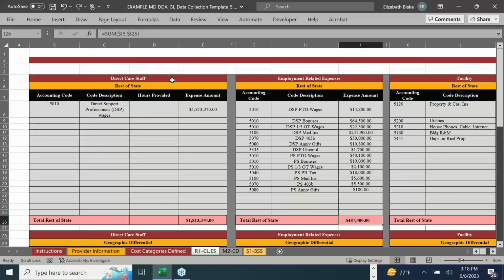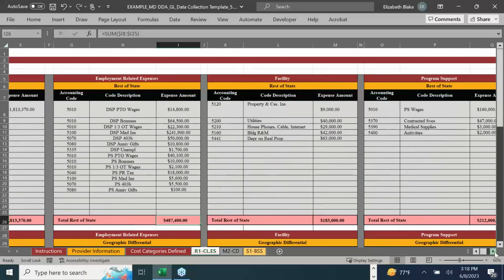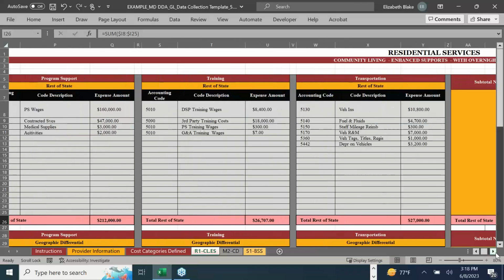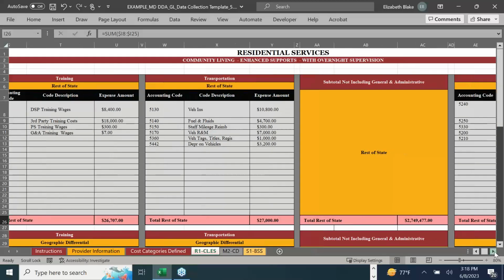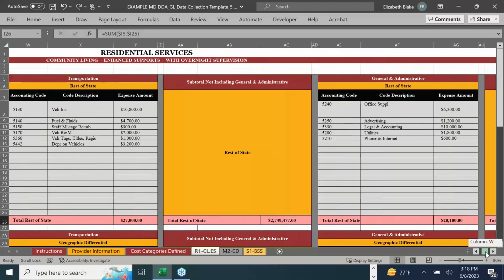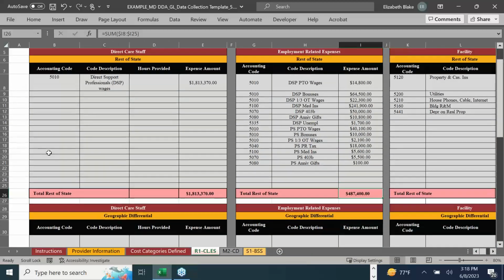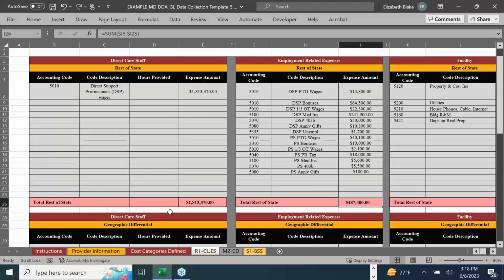So we have our direct care staff, employment-related expenses, facility, program support, training, as well as transportation and general and administrative. And like Marianne said, we've kind of broken it up by rest of state and then the geographic differential. So you'll be able to fill in according to what you need to do.